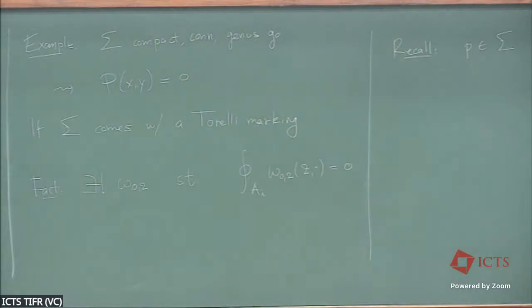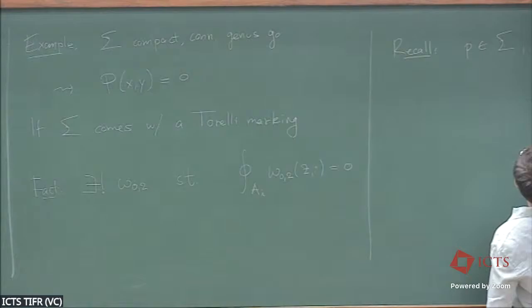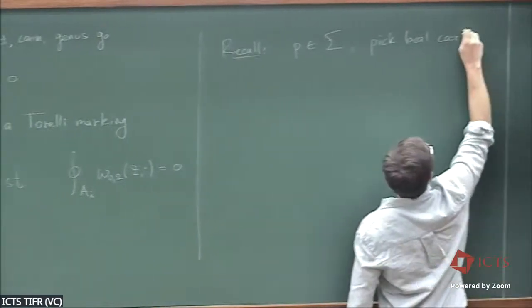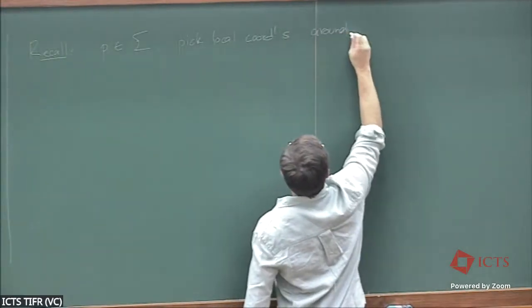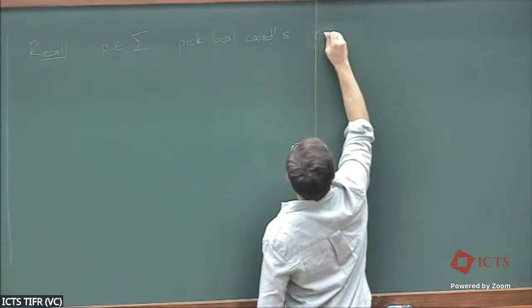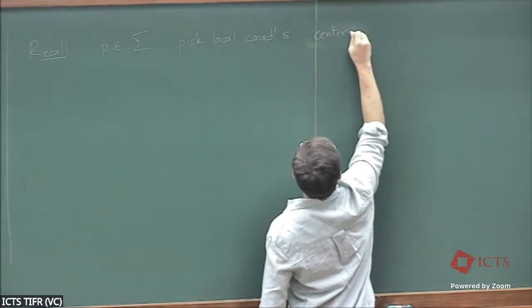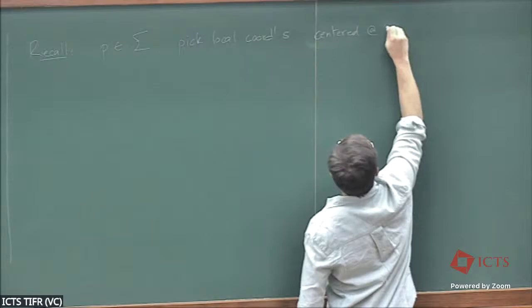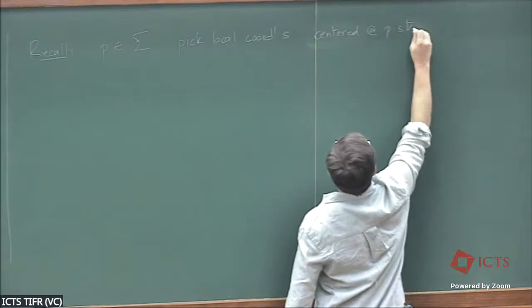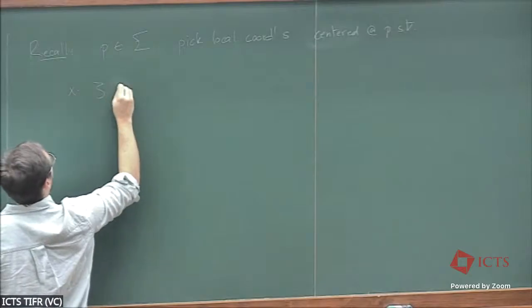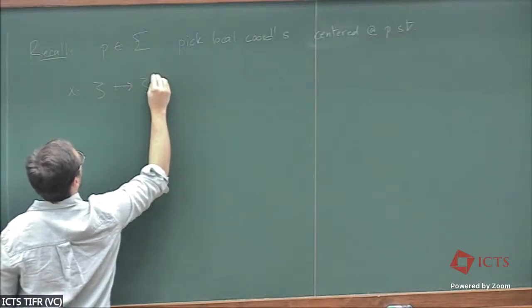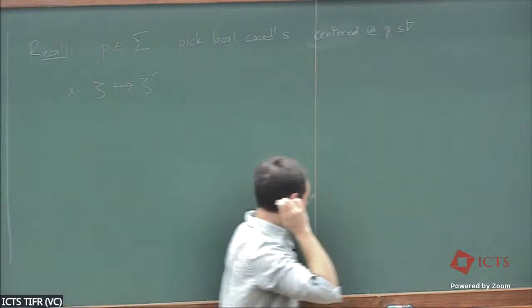And what I can do is always pick local coordinates centered at P such that the map x looks like zeta goes to zeta to the r.